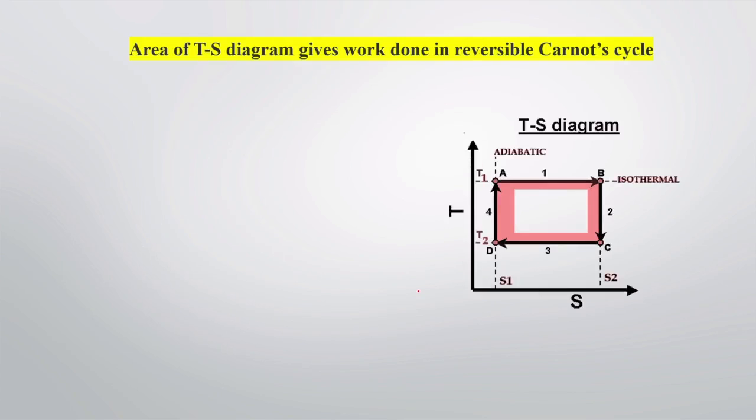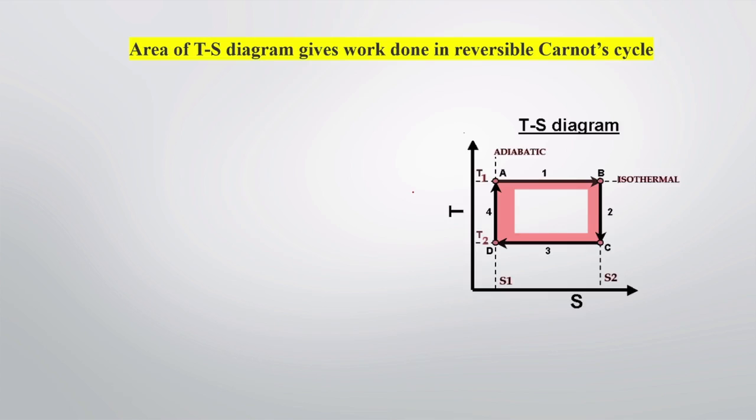So now we are going to find the area of the TS diagram, which will give us the work done in the reversible Carnot cycle. For that we will consider Carnot's reversible cycle on the TS diagram as shown in this figure here. So this is the Carnot's reversible cycle, shown in the TS diagram.